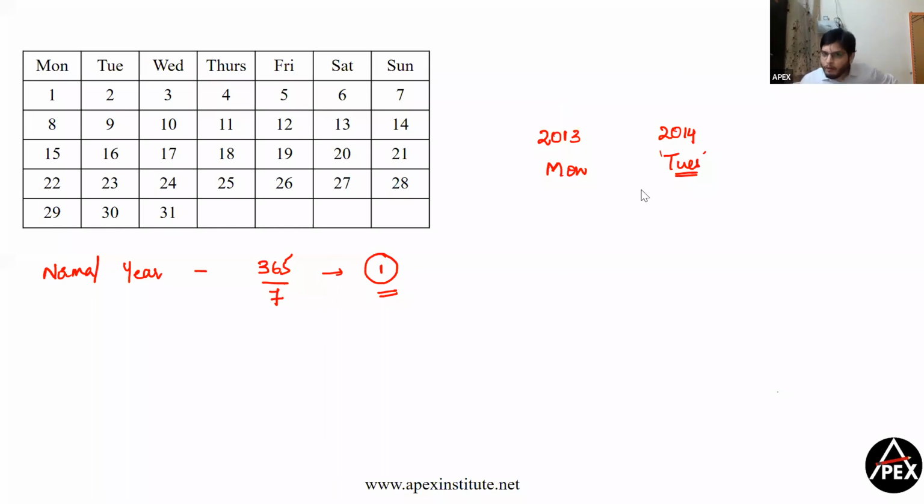ఓకే, నౌ వై డూ వీ హ్యావ్ దిస్ షిఫ్ట్ ఆఫ్ 1 day? Okay, it is because of this 1 odd day. That is because of this 1 odd day only the calendar of every year changes. ఇప్పుడు odd days లేవనుకోండి, the calendar will remain same కదా.